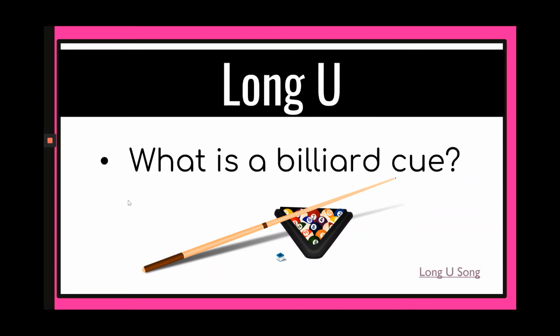Some are striped and some are solid. And a cue ball, which is a plain white ball, which you don't see in the picture, and the cue stick, which is that big stick in the picture. So the song that we are going to listen to talks about a cue, which is that stick. Enjoy the song and listen for the long U words.